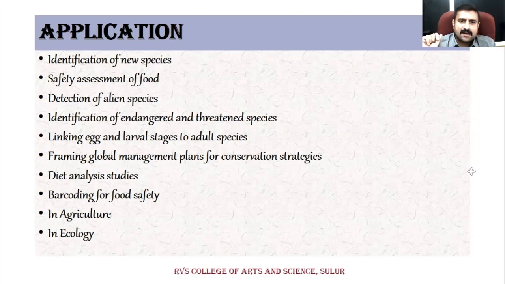Linking egg and larval stages to adult species: in modern taxonomy the scope is there, because in module 2 we discussed cladograms. But for the fetal stages, the larval stages, maybe multicellular stages, maybe the stage of morula or whatever, linking the egg and larval stages is another revolution. It is only possible with DNA barcoding, because as I mentioned, it is a non-invasive method.